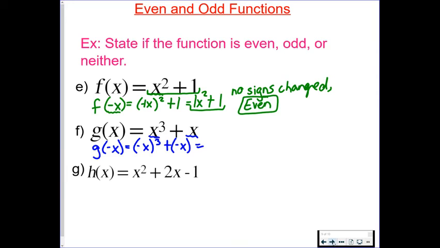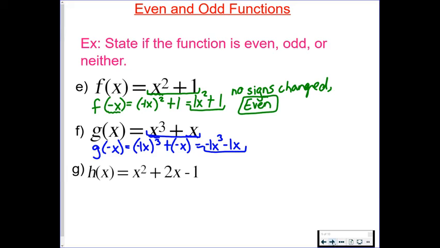Negative x cubed. Well, negative x cubed, negative times the negative is still a negative. So I get negative 1x cubed plus negative x. That can just stay negative 1x because it wasn't raised to any powers. What do you notice about the original function and our new function? Right, the signs changed.